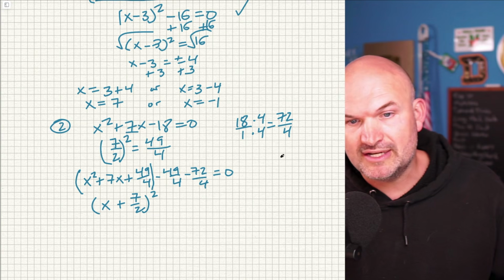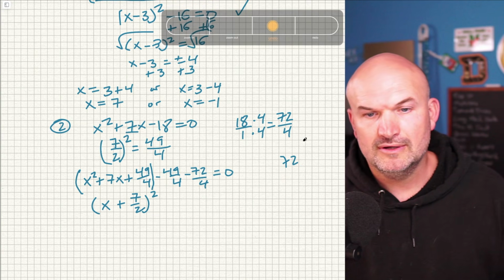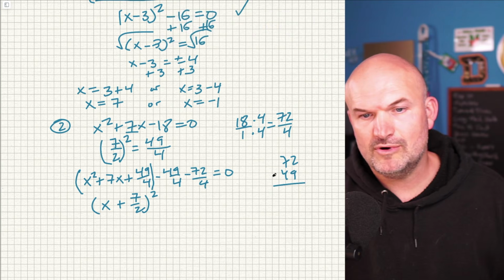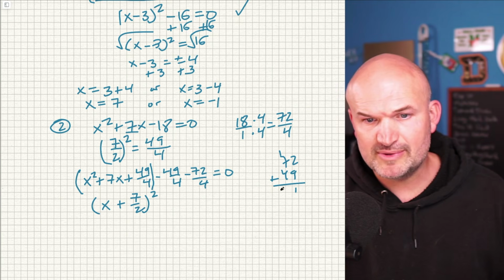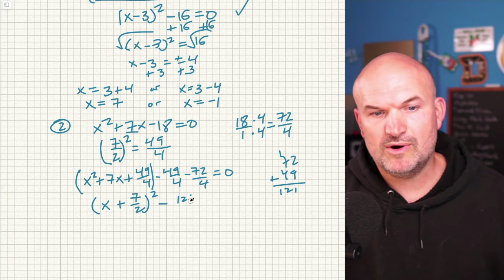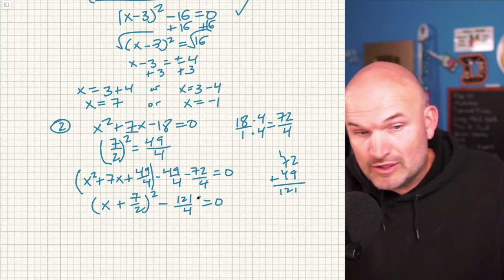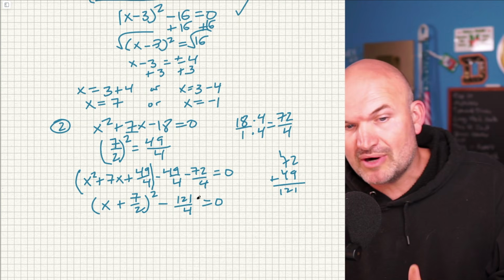Again, you might be able to do this in your head, or we can just do it over here. Let's see, what would that be? 2 plus 9 is 11, and that's going to be 121. Okay, there we go. So it's minus 121 over 4 is equal to 0. Now again, even though we have fractions, we can still apply the same process, right?